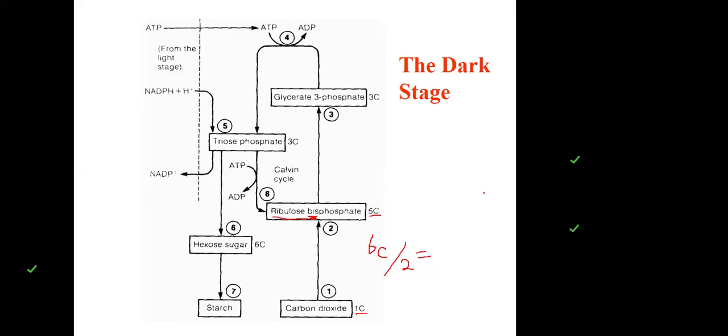So if you divide this 6-carbon compound into 2 equal parts, you're going to get 2 carbon compounds that each have 3 carbon atoms. Okay? You're going to get 2 carbon compounds whereby each one of them has 3 carbon atoms.